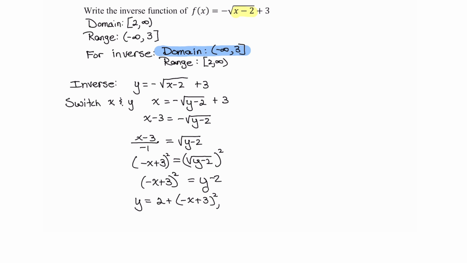So what we want to put after this is our x has to be less than or equal to 3, just giving the inequality notation for the interval notation that we had for our domain. And that gives you the inverse function of the original function given in this example.